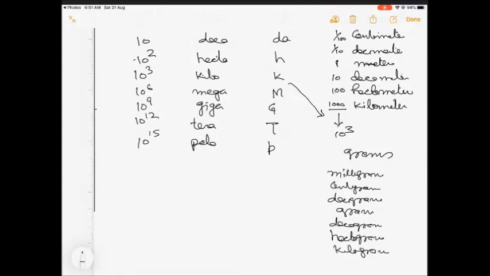So kilogram has 1000 grams, or 1 kilogram is equal to 1000 grams. 1 hectogram is equal to 100 grams. 1 decagram is equal to 10 grams. 1 gram is, of course, 1 gram. 1 decigram is equal to 0.1 gram. 1 centigram is equal to 0.01 gram. 1 milligram is equal to 0.001 gram, or 1 by 1000. So that is how the whole scheme works.